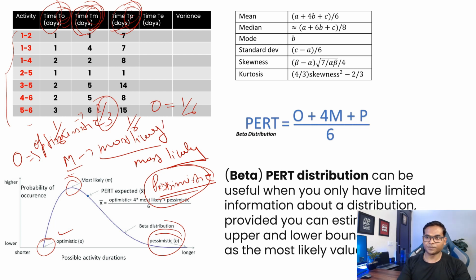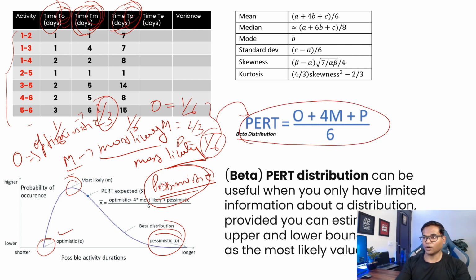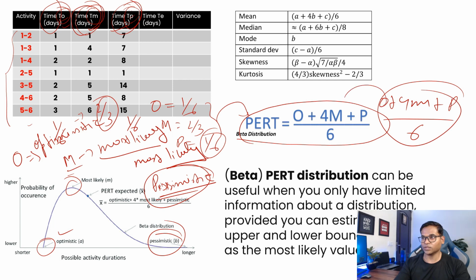Most likely is going to provide you 2/3, and pessimistic you are going to get 1/6 as a weightage. If you see the formula of Pert, it is nothing but optimistic value plus 4 times most likely plus pessimistic, divided by 6, right? This is the formula, and it is nothing but the weightage distribution: 1/6, 2/3, and 1/6, right?